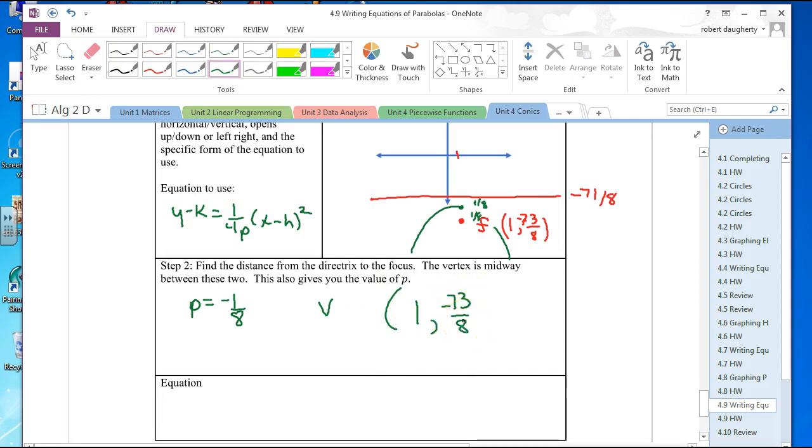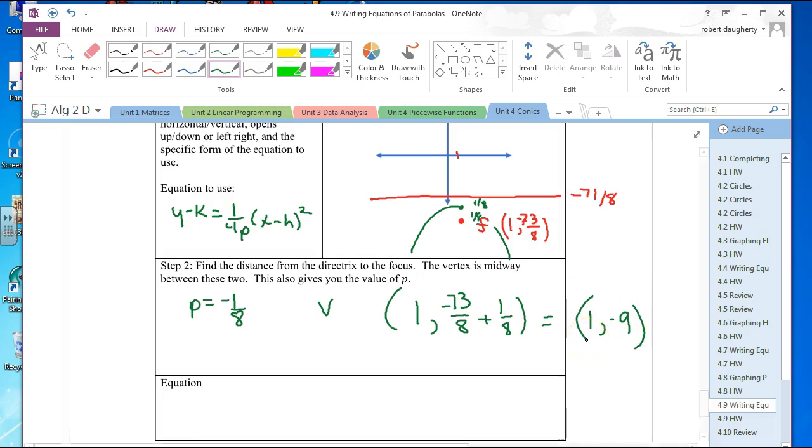So what is negative 73/8 plus 1/8? Negative 72/8, which is 9, so negative 9. The vertex is at 1, negative 9.